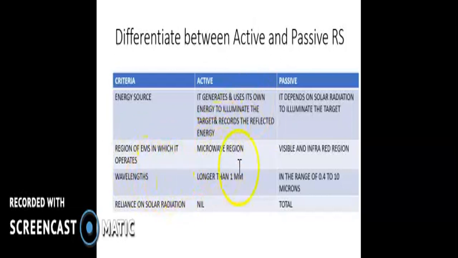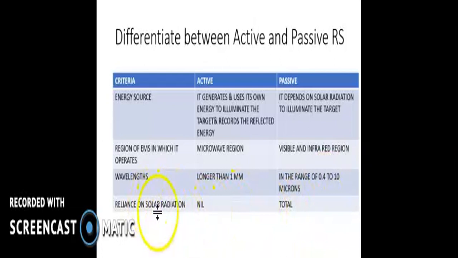Active will operate in microwave and passive will operate in the visible and near infrared region. Then the wavelengths will be longer than 1 millimeter for active. Here the wavelengths will be in the range of 0.4 to 10 microns for passive.